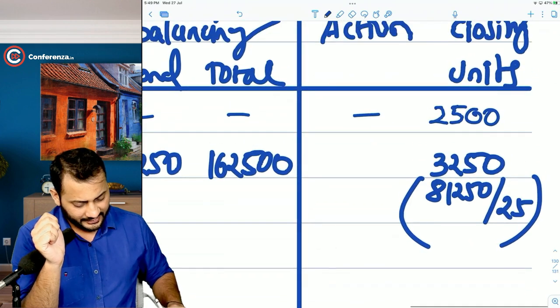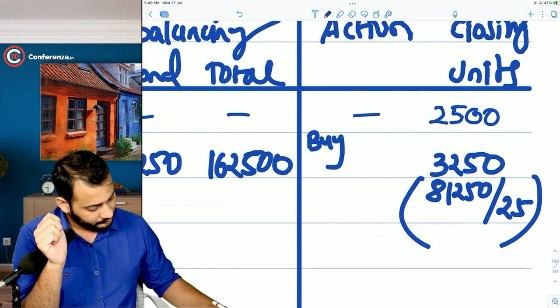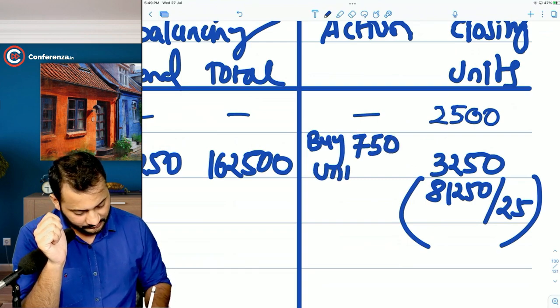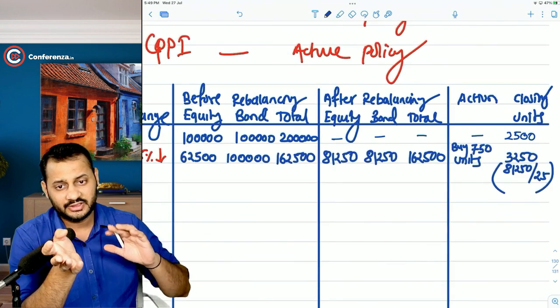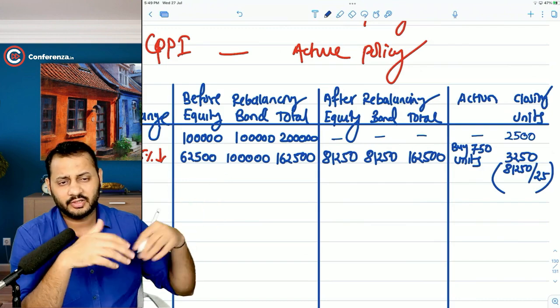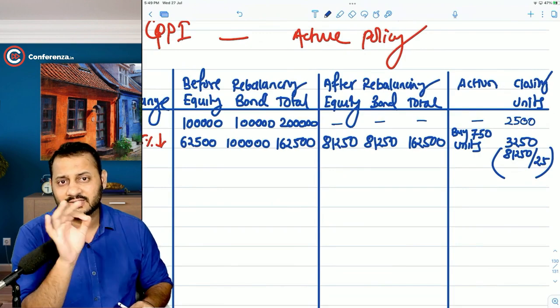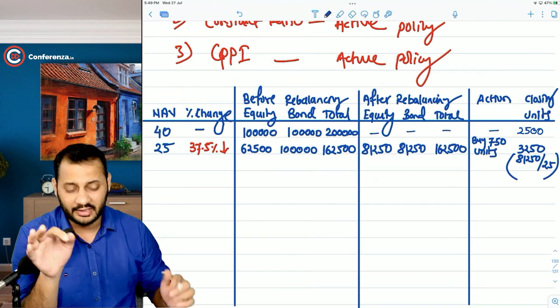So what is the action that you need to take? It's very simple. Buy 750 units. And it itself means you have to sell off that much worth of the bonds. So we are not writing the bond part there. So buy 750 units is the action that you need to take in order to rebalance the portfolio entirely.